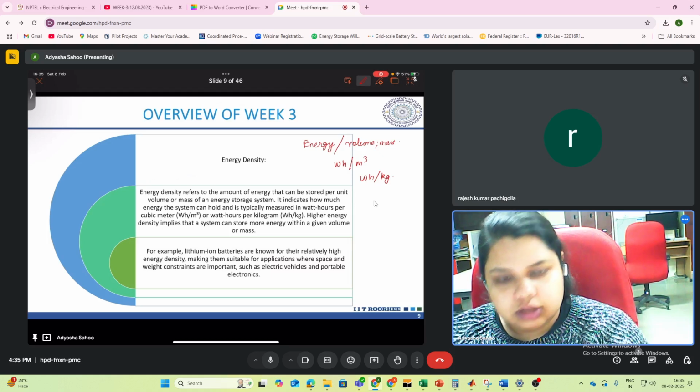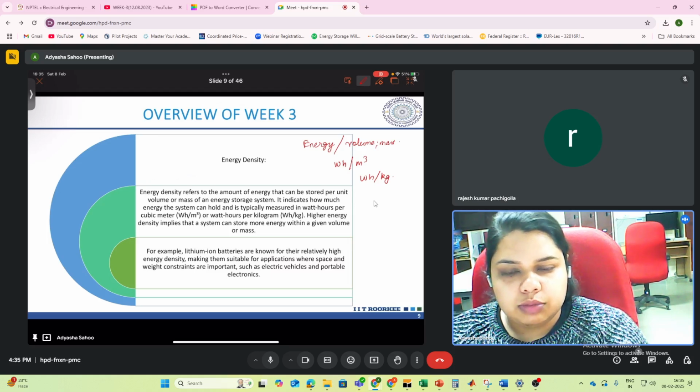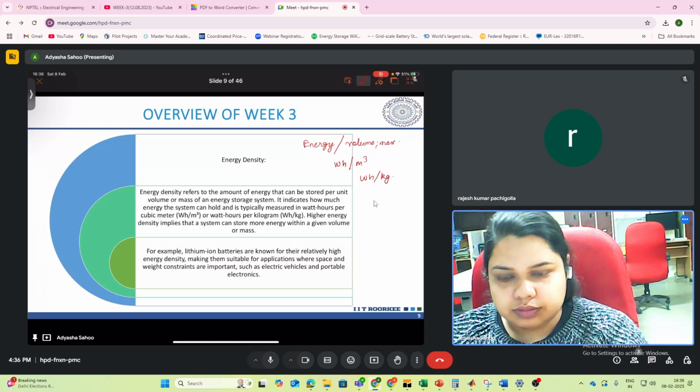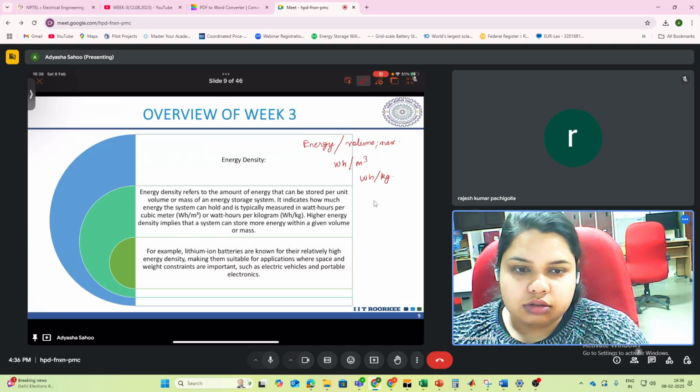So lithium ion batteries are basically high energy density storage, and hence they can provide a compact solution. That means smaller weights or smaller volumes of battery can store more charge, and hence they are popular for electric vehicles, because in vehicles the weight of the battery is important.